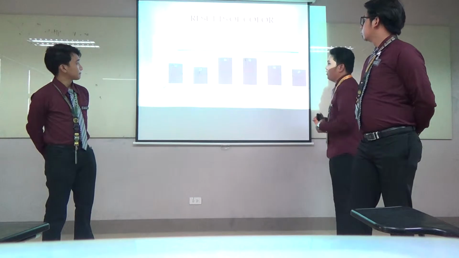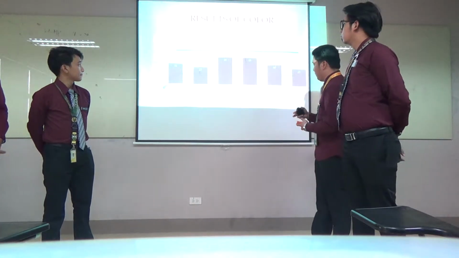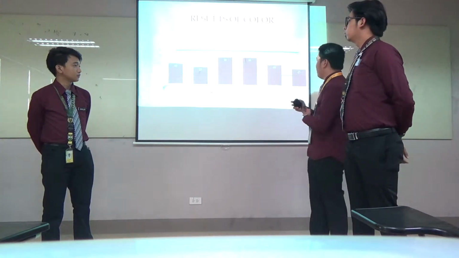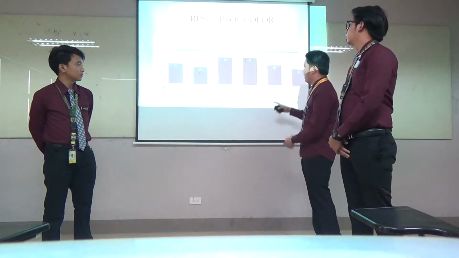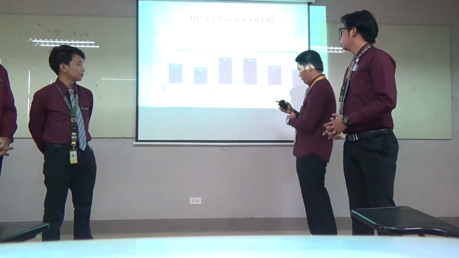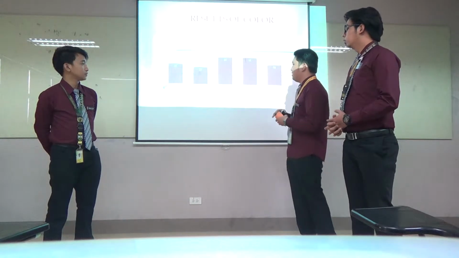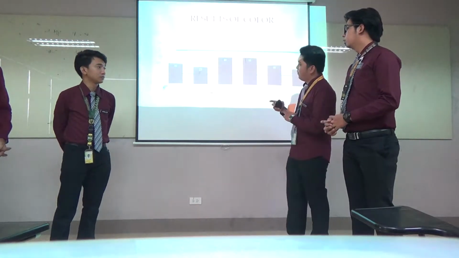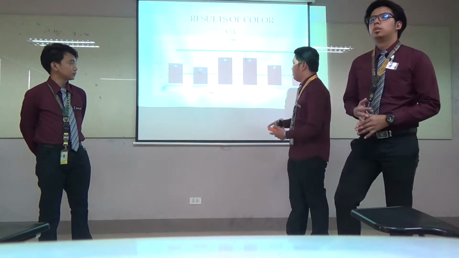Then for the results of color, the result shows that all the samples are within the range of the class A and B boundary. Sample A has the best results, from 30 PCU to 25 PCU.